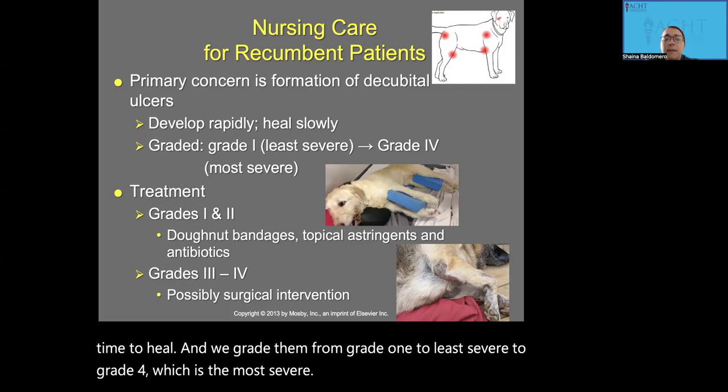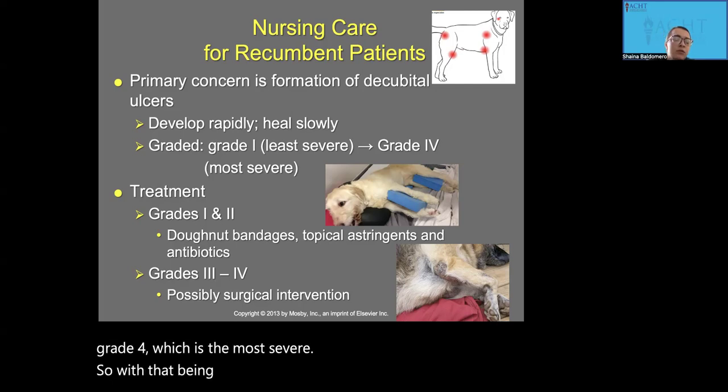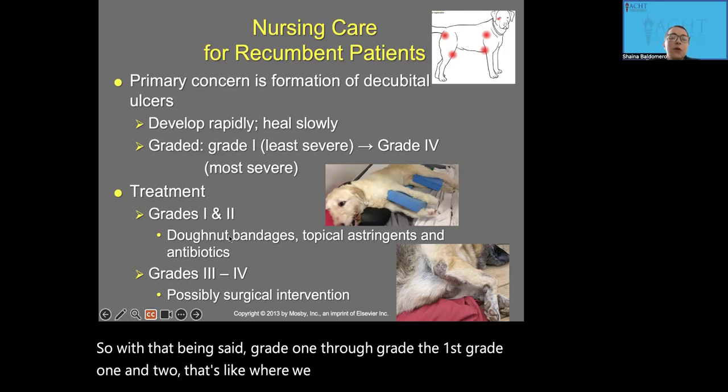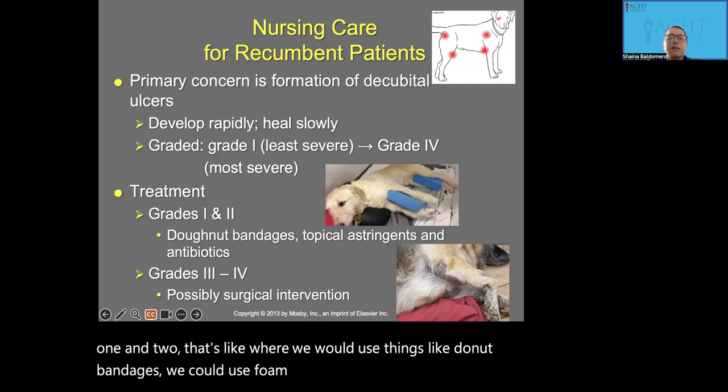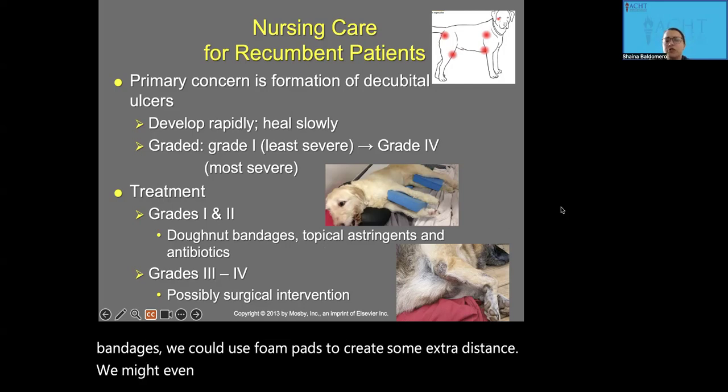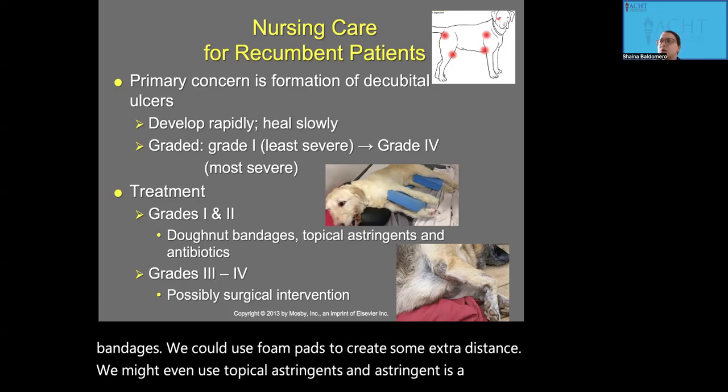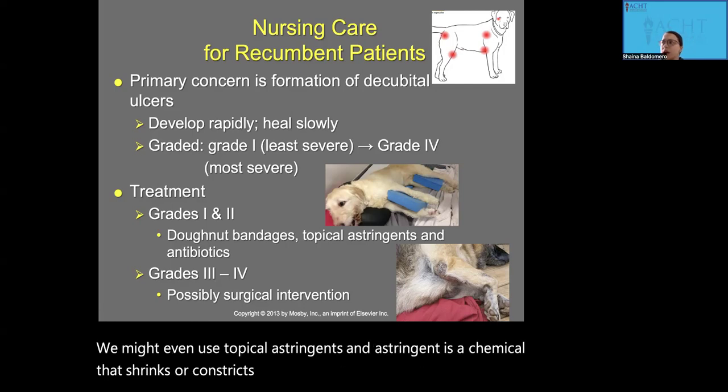So with that being said, for grade 1 and 2, that's where we would use things like donut bandages. We could use foam pads to create some extra distance. We might even use topical astringents. An astringent is a chemical that shrinks or constricts body tissues.